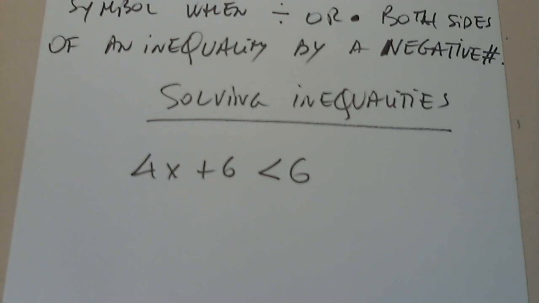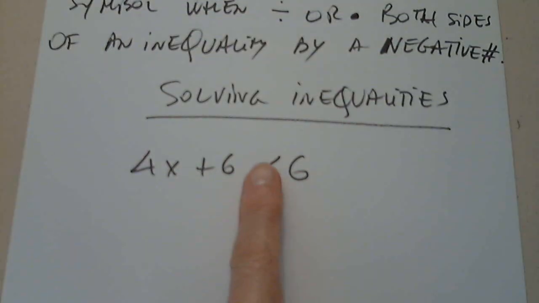What would you do? Anybody, please? What would you do first? If you had an equal symbol instead of the inequality symbol, what would you have done first? It's the same step.